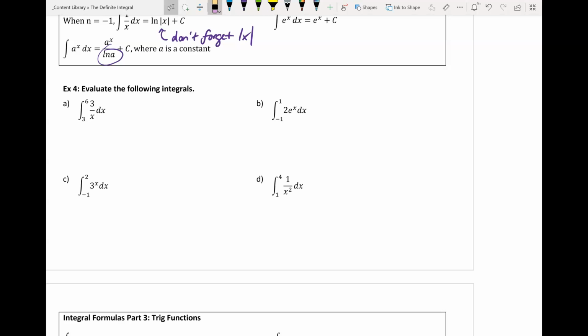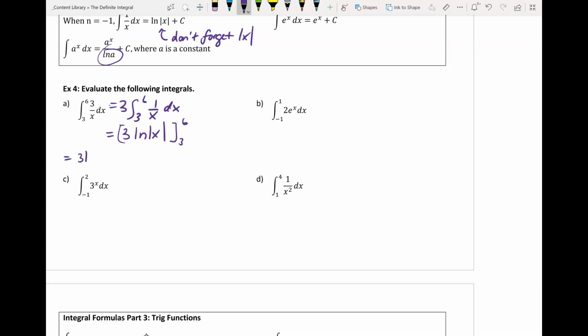Okay, so let's try this. So 3 is just a number. You can just leave this in the front. And then that means the antiderivative of 1 over x is ln x with the absolute value. And we have to evaluate this from 3 to 6.